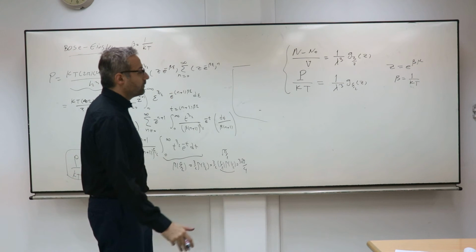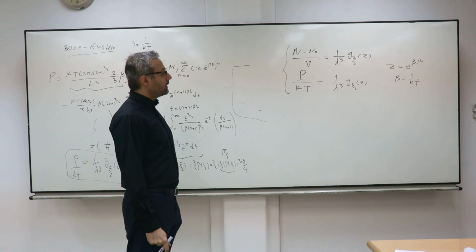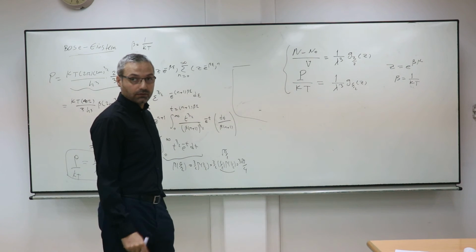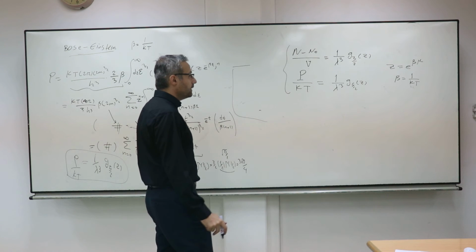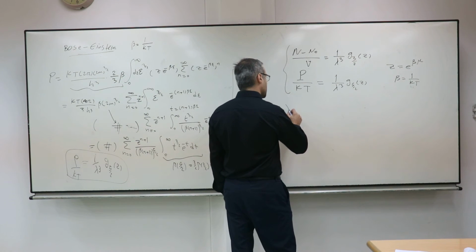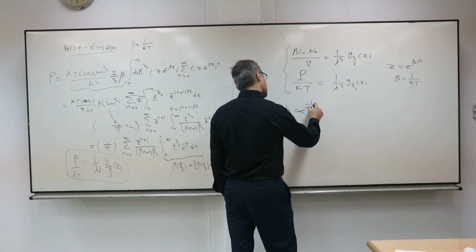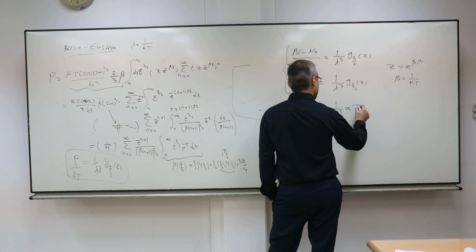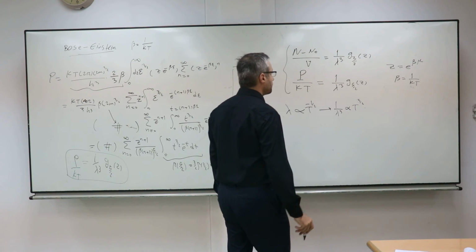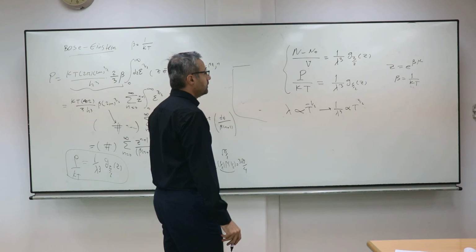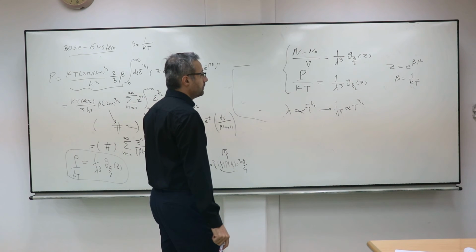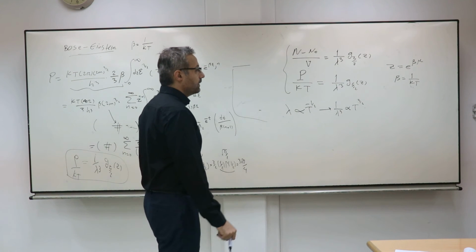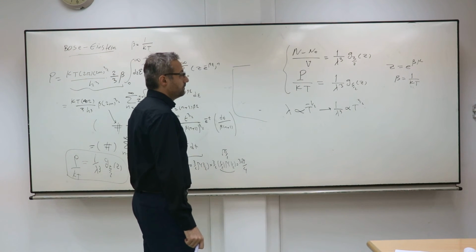It's completely different from the ideal gas. So you expect that the equation of state will be different from PV equal to nRT. Lambda is proportional to T^(-1/2), so 1 over lambda cubed is proportional to T^(3/2). So you have one free parameter, the mu. If you eliminate the mu between these two equations, you can find the equation of state.